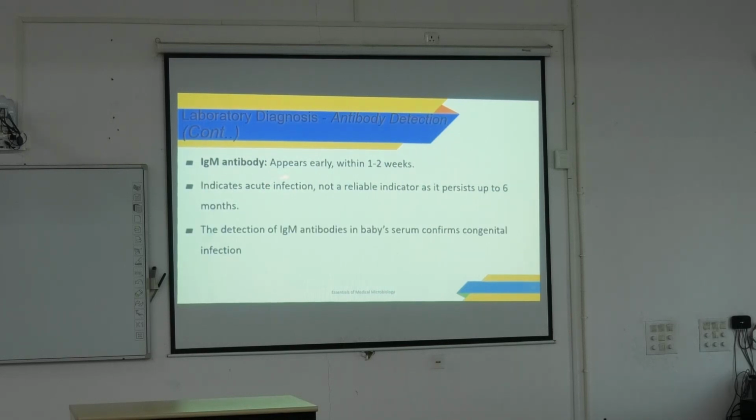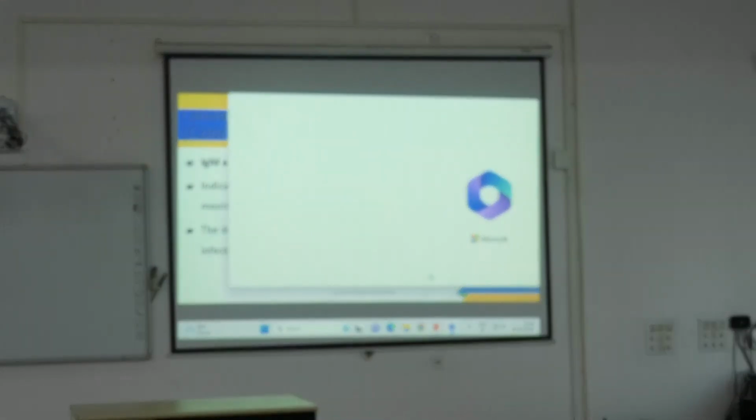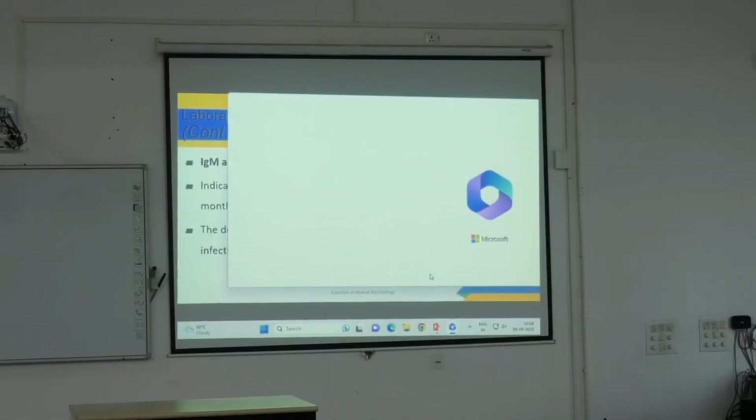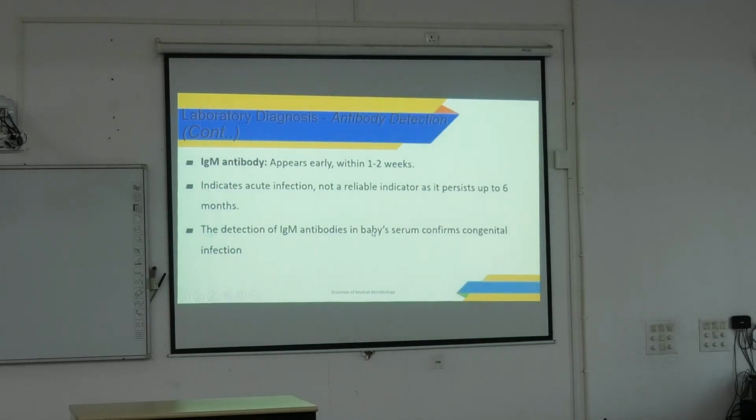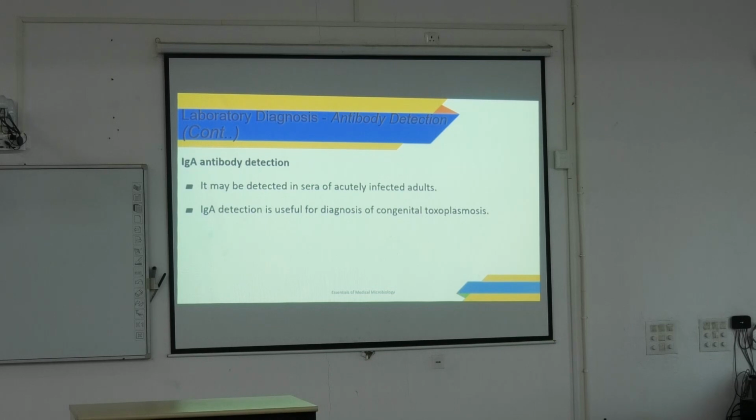IgM antibody appears early, within 1 to 2 weeks, and indicates acute infection, but is not a reliable indicator as it persists up to 6 months. Detection of IgM antibody in baby serum confirms congenital infection.